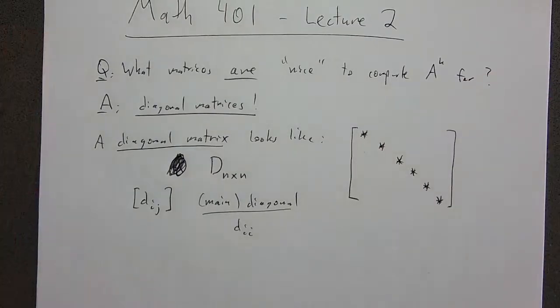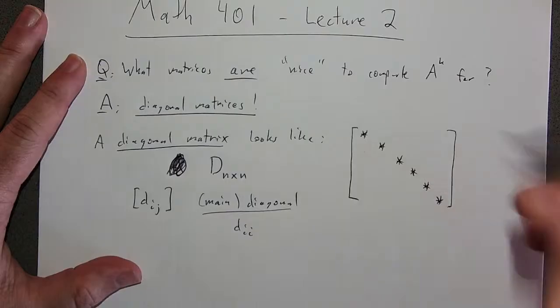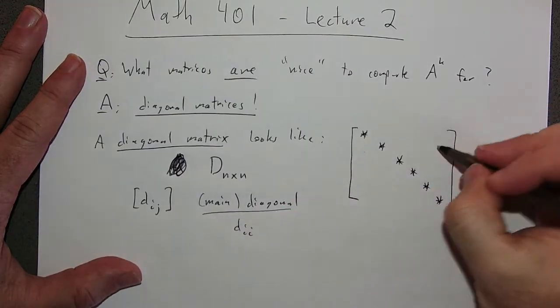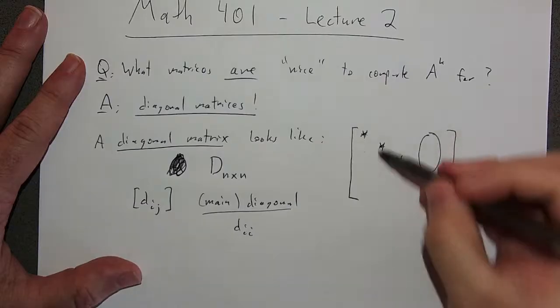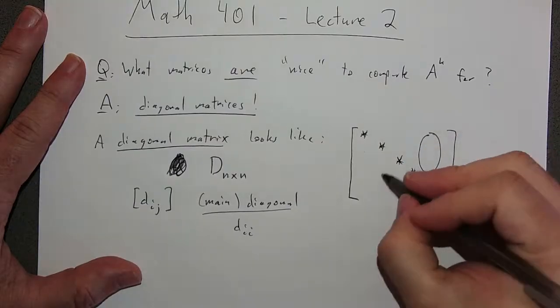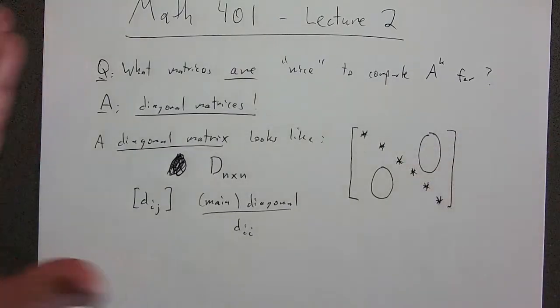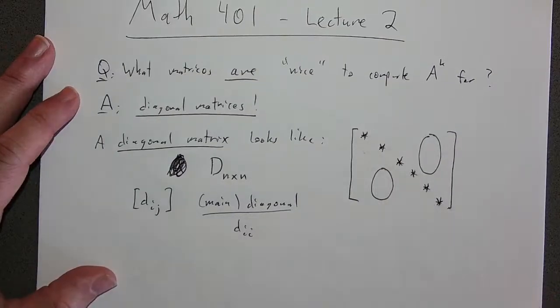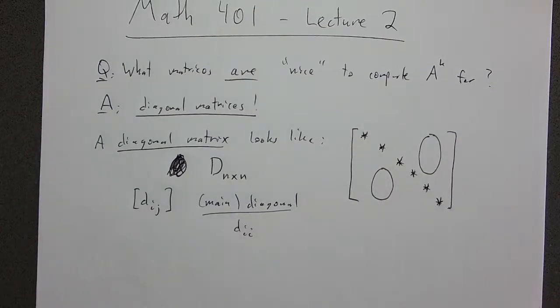So a diagonal matrix has whatever here. These can be anything. That's why I've written them as stars here. They could be 0. They could not be 0. It doesn't matter what those are, but the main thing is that everything else is 0. So nothing but zeros above the main diagonal, nothing but zeros below the main diagonal. So zeros everywhere except on this main diagonal, which could still be zeros, but might not be.